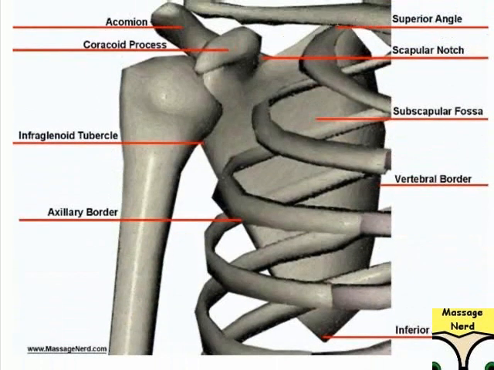Superior angle of the scapula, right here. Scapular notch, right here. Subscapular fossa, all in this region. Vertebral border, along here. And inferior angle, right here. Now I'll give you some time. You can practice on your own.